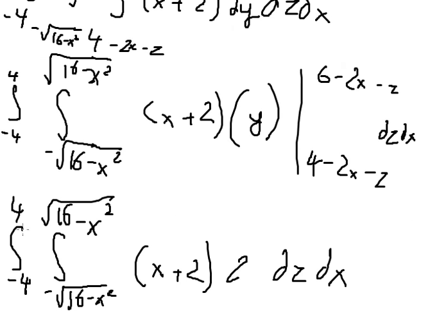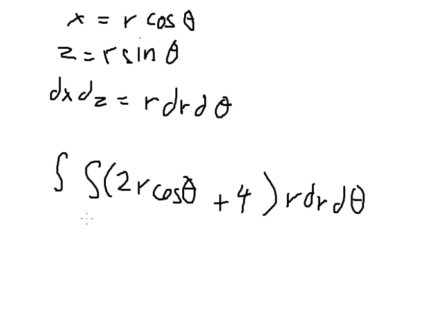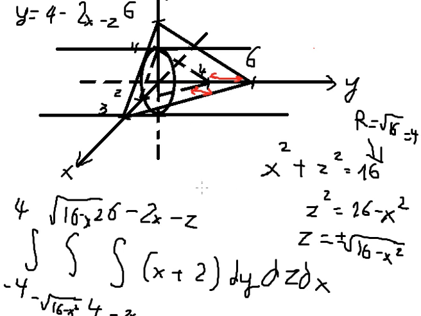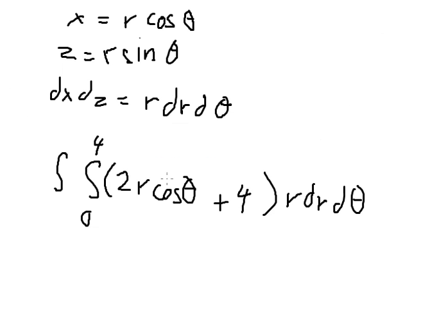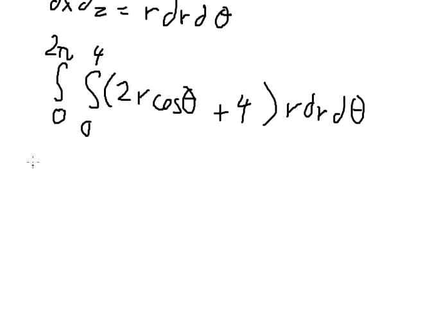The radius of this one is 4, so we start from 0 to 4. d theta, because we go one circle in here, we put from 0 to 2 pi. And now we need to calculate this one.